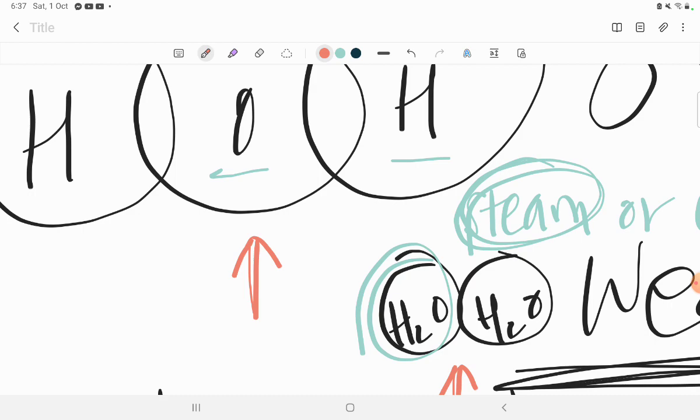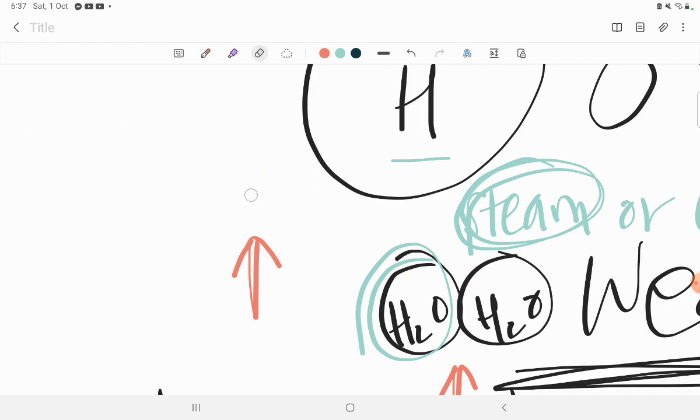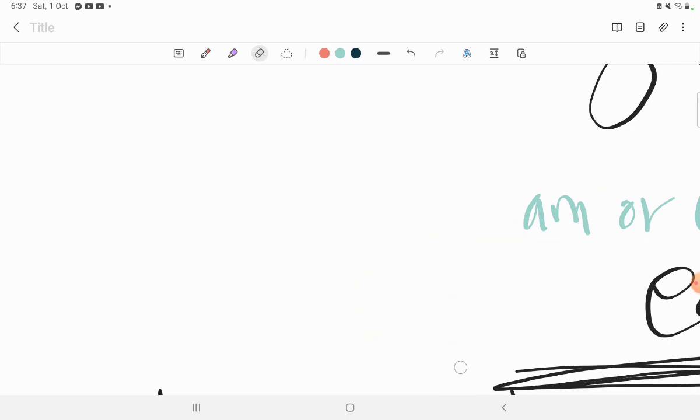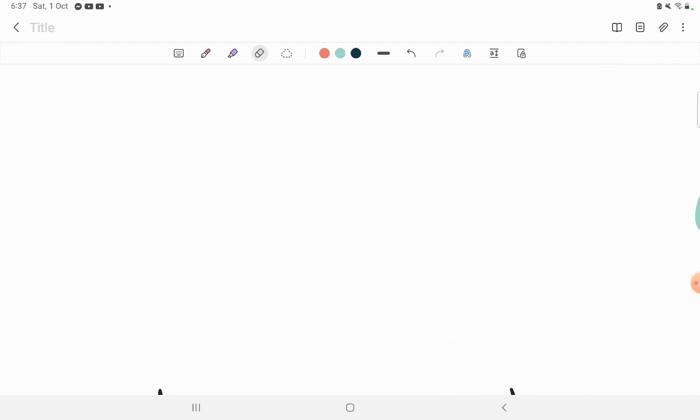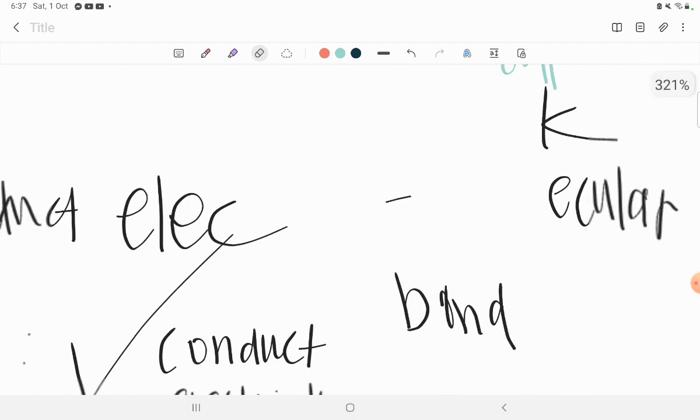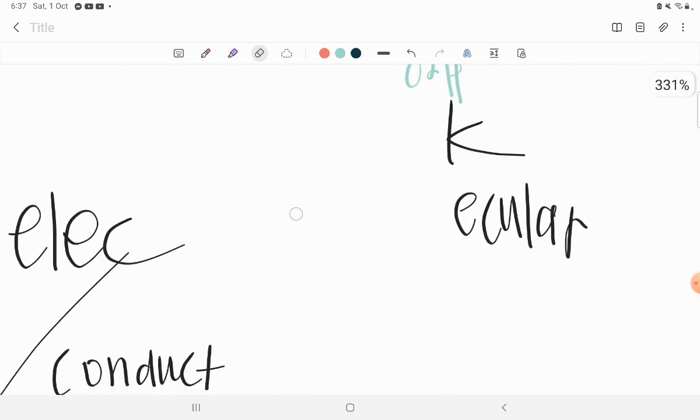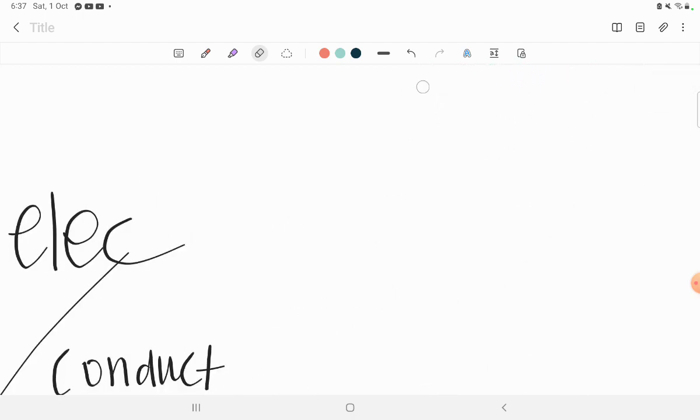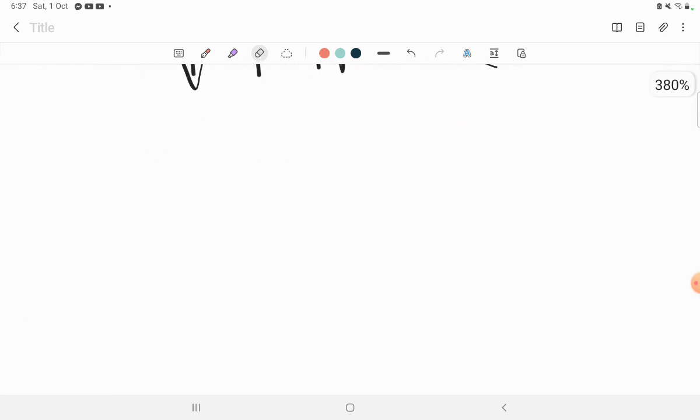Okay, come, let me draw a model. A very advanced model. There's a difference between intermolecular and covalent bonds, okay? And let me show you. Okay, H2O. Actually, I will use black.